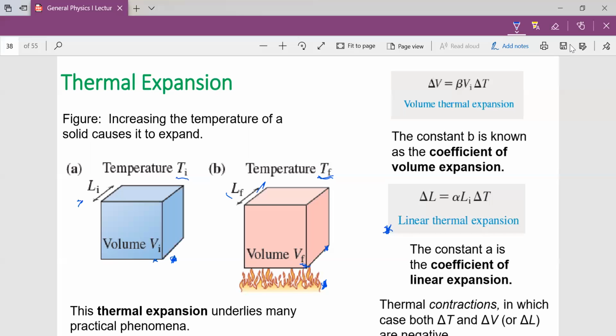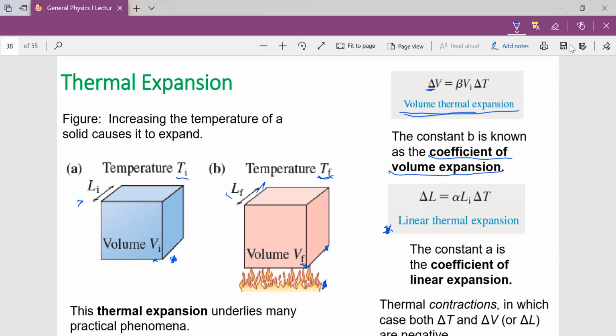So when the focus is on the volume change, that is volume expansion, we refer to that as the volume thermal expansion. And the expression for that is the change in volume, which is the expansion, is equal to beta times the initial volume times the change in temperature. Beta stands for the coefficient of volume expansion.